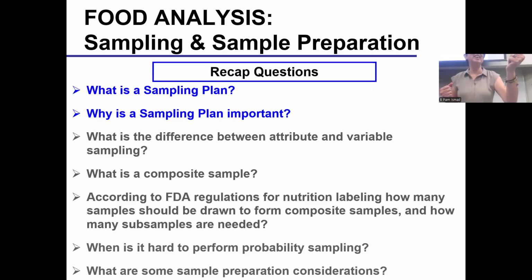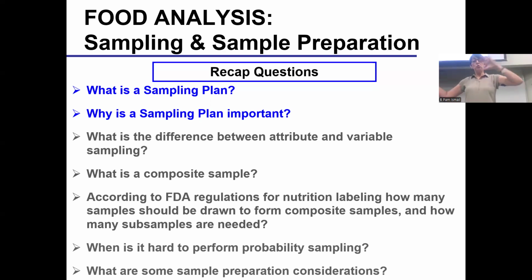Controlling variables, especially when you're preparing the samples, you don't want to change anything about your sample that might impact your results. So how am I going to transport these samples? How am I going to store these samples in a way that won't impact their characteristics?